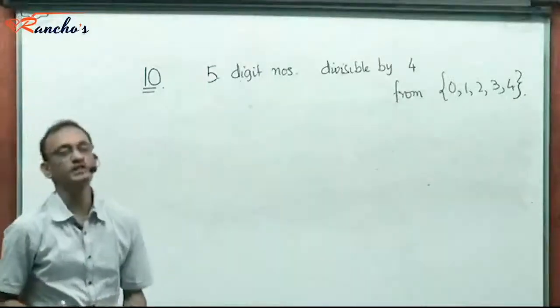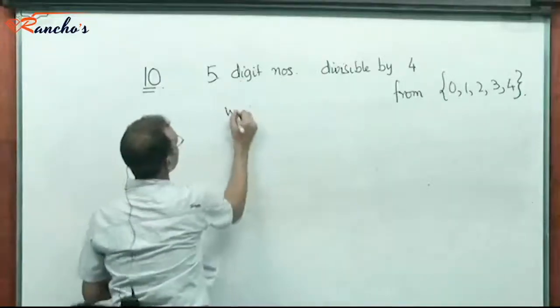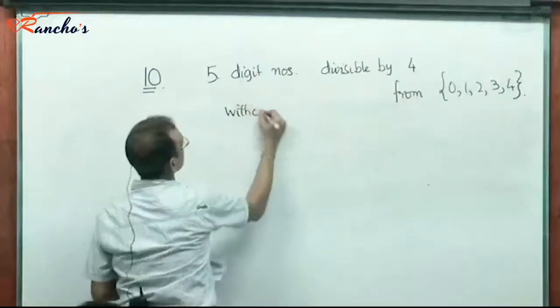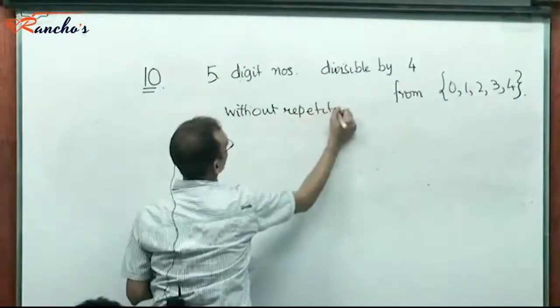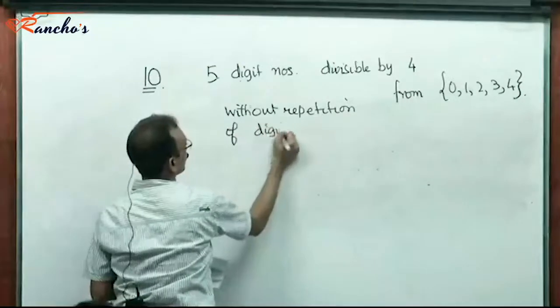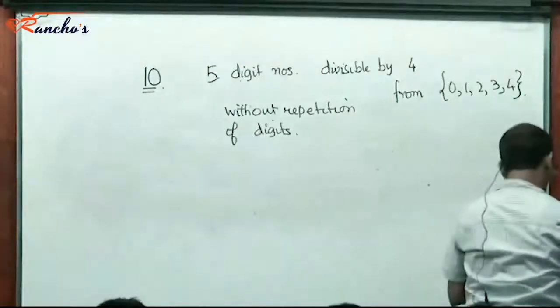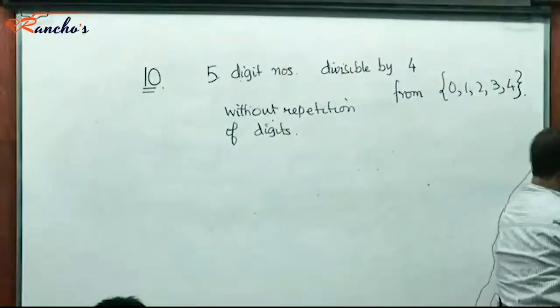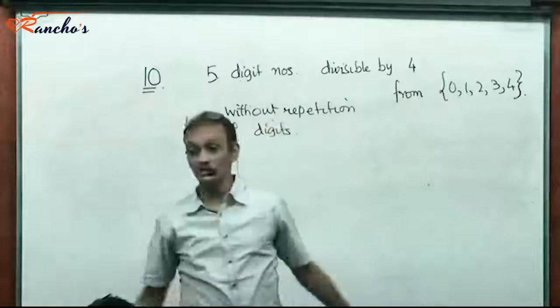And I'm not permitting repetition of digits in the number, right? All 5-digit numbers divisible by 4 from this set in which the digits are not repeated, right?